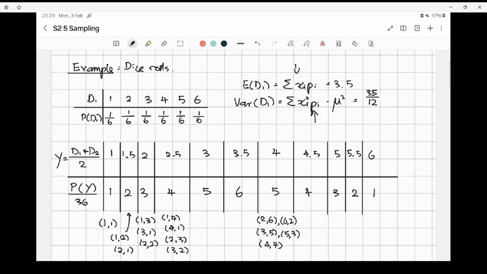The random variables need to have the same nature. If that is the case, the expected value of the sample mean will be the same. The variance will be the variance of the original random variable, which is the dice roll in this case, divided by 2.